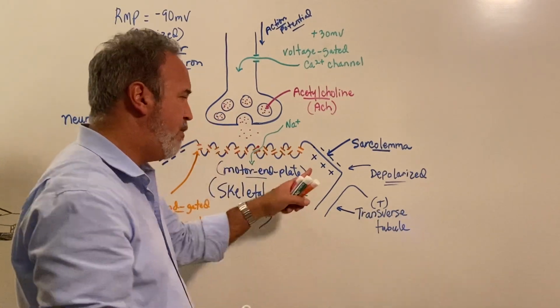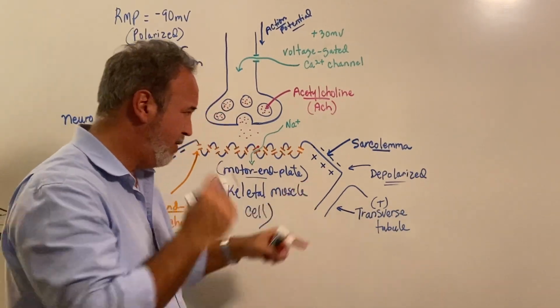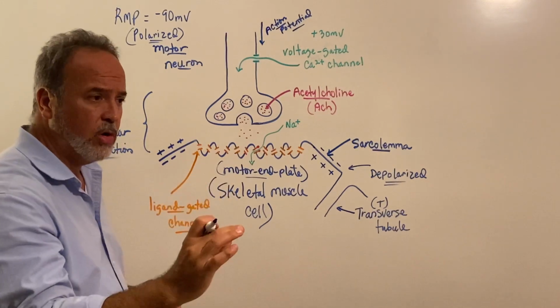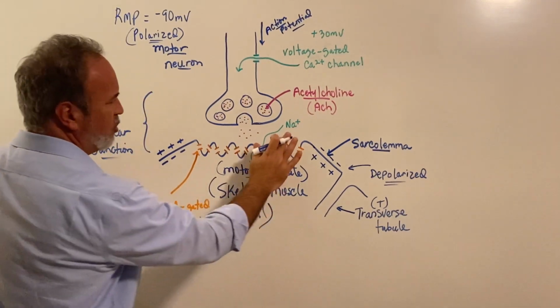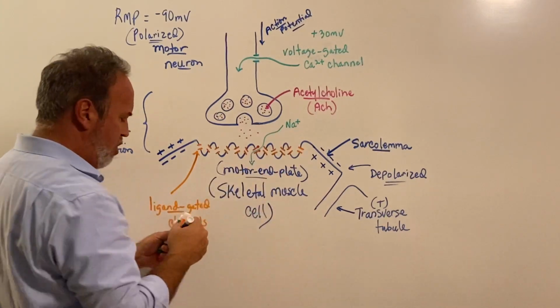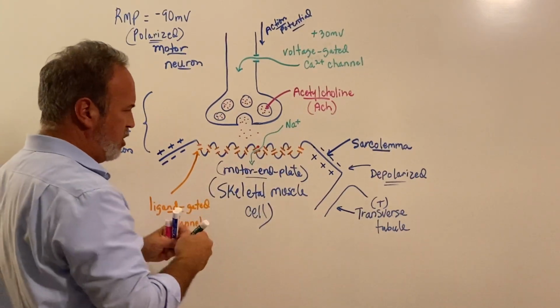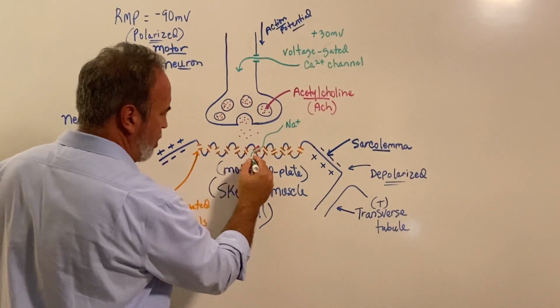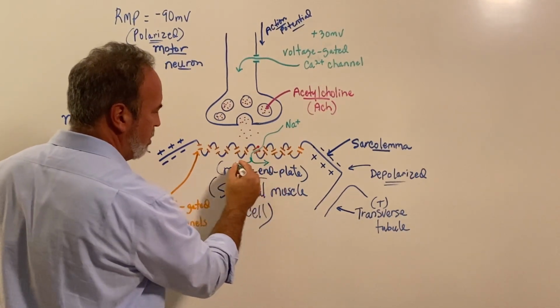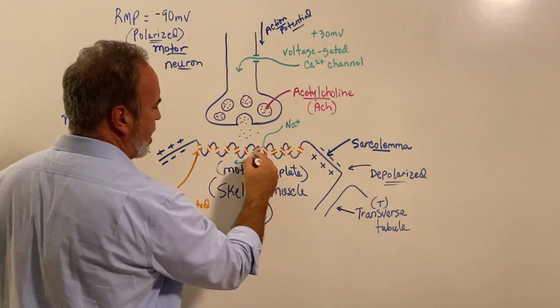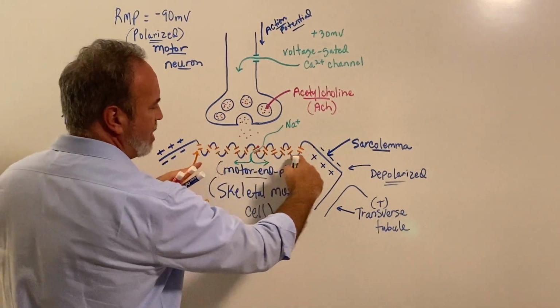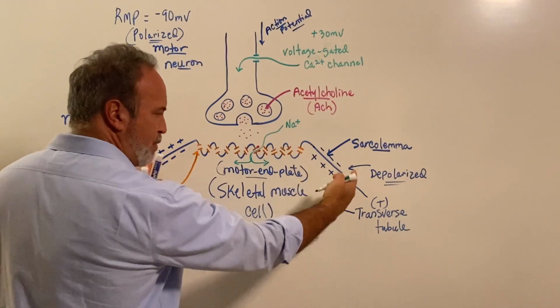But before that happens, we need to reach a threshold of negative 55 millivolts. So what happens is that sodium comes in here, and this sodium is going to travel in both directions here, okay? So that motor end plate is going to be depolarized, right? Depolarized, and the signal is going to spread into the cell.